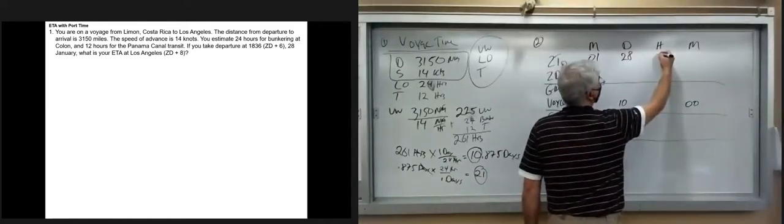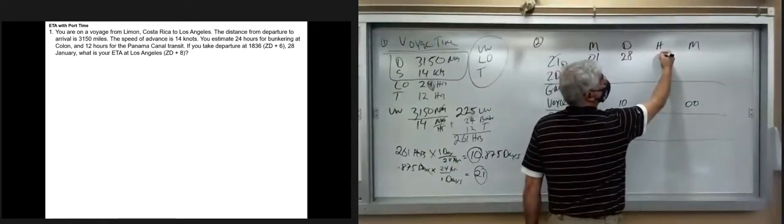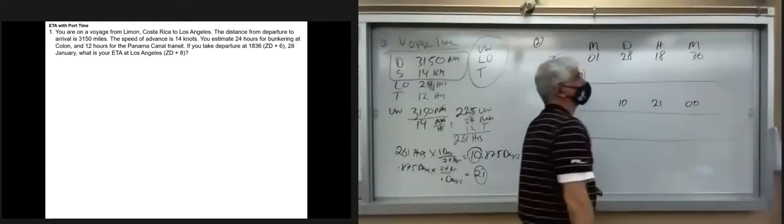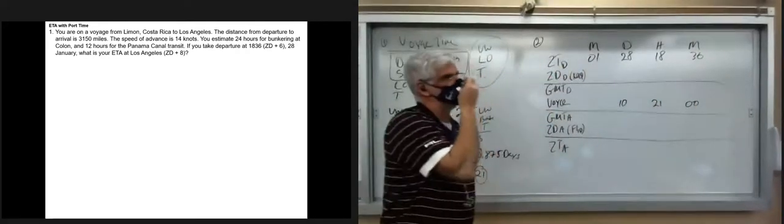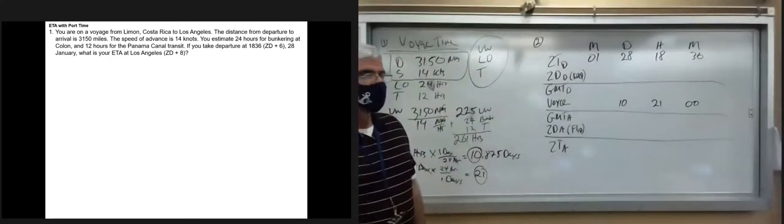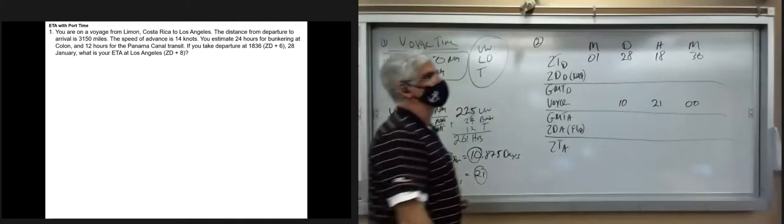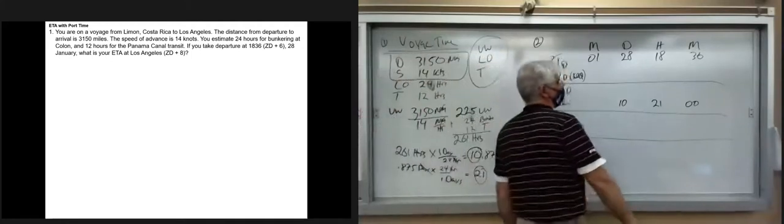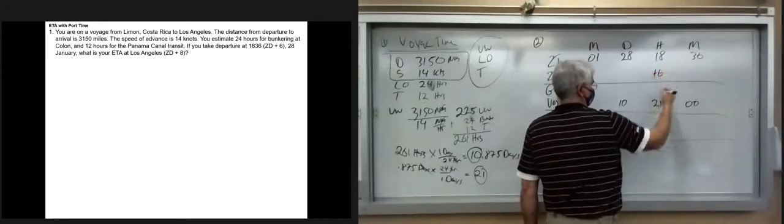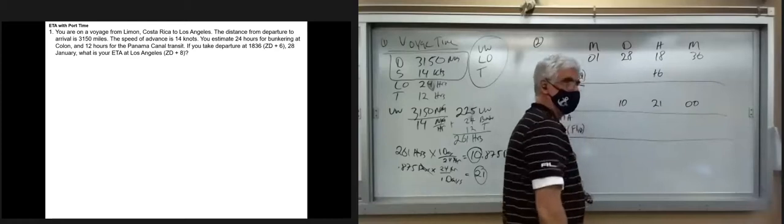You have departure time is 18 hours, 36 minutes. 1836. What's the next bit of information I need? Your zone description plus 6. Okay, zone description for departure or arrival? That's departure. Okay, so it's +6. Where am I going to put that? You're gonna put that below the 18 for hours. Yeah, okay. Am I going to respect that sign or am I going to flip it?